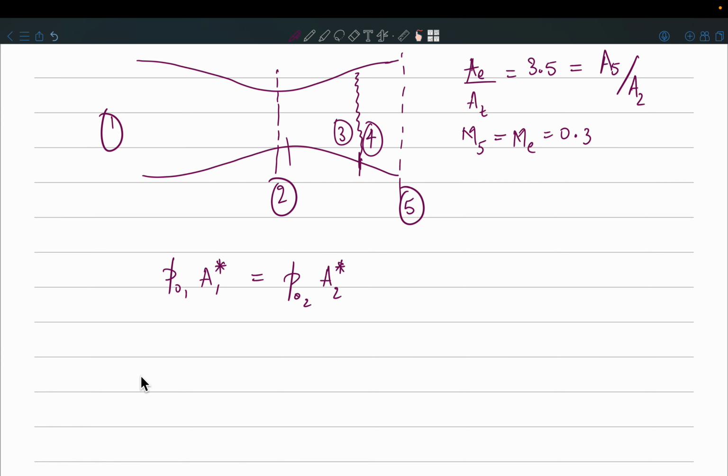Now we can write this equation: P5 by P05 multiplied by A5 by A5 star. If you go to the gas table, check for Mach number equal to 0.3. Do we have this ratio?